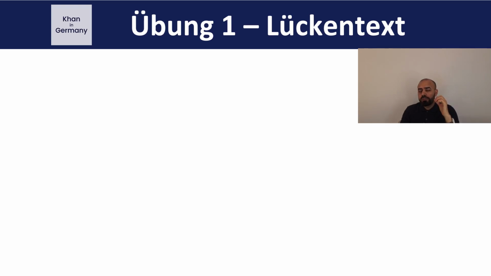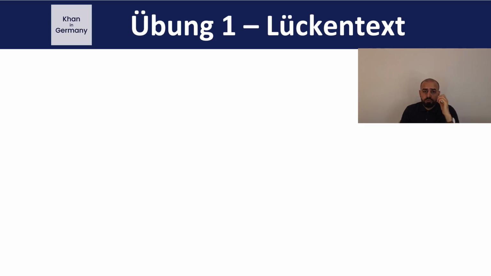So these were some of the key aspects of sein and haben when you have to use them as auxiliary verbs for the perfect tense. Now I'm going to go through some where you have to fill in the blanks. So please do this practice with me. I'm going to give you some time, and in that time you have to complete it, and afterwards I'm going to move forward.